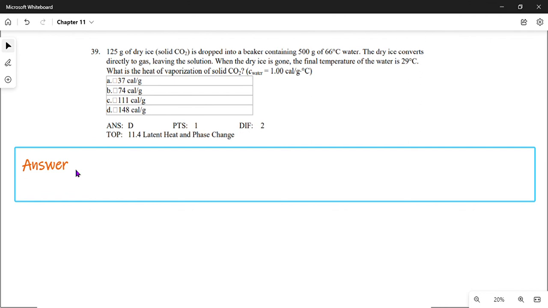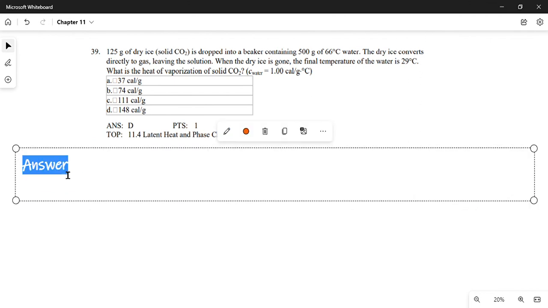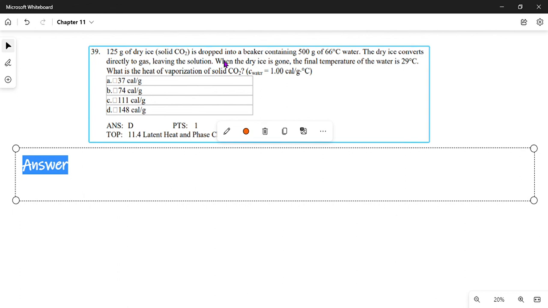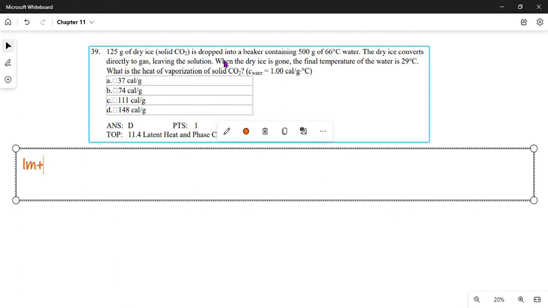There is no change in the phase of the water, it will just face a temperature change. So here we have Lm of the ice equals negative mc delta T of the water.